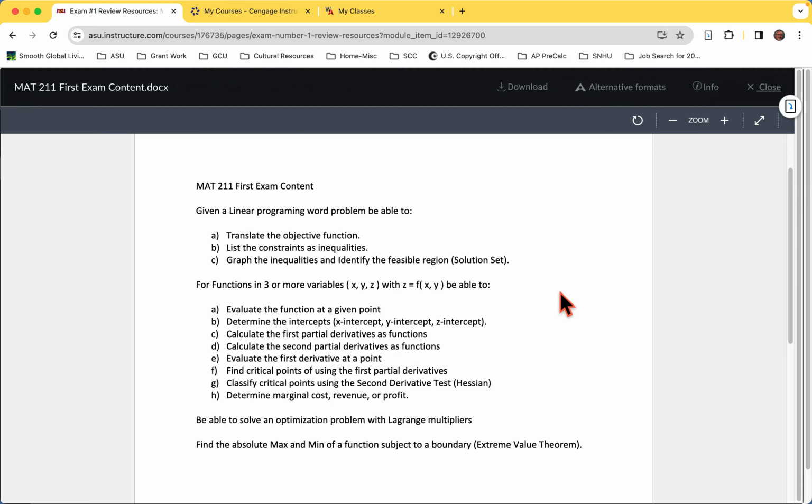Are you able to do each of those? Then you're in good shape. You'll see that all of these are embedded in those 7 questions. I went through the exam and said, you need to be able to do all these things. Then I looked at the review and said, here are 7 questions that have all those things in there, and then there are additional ones to practice with.